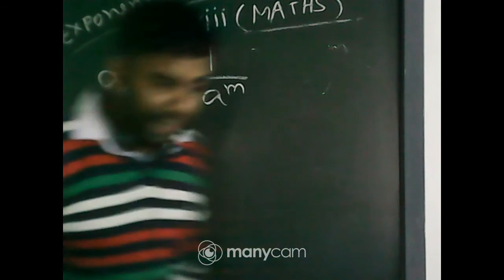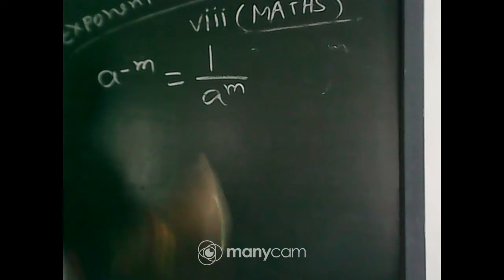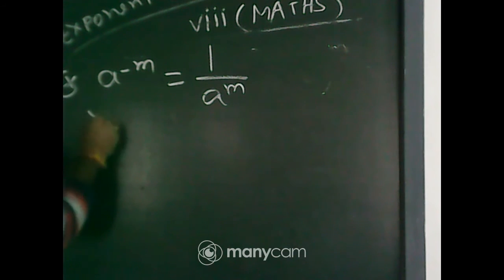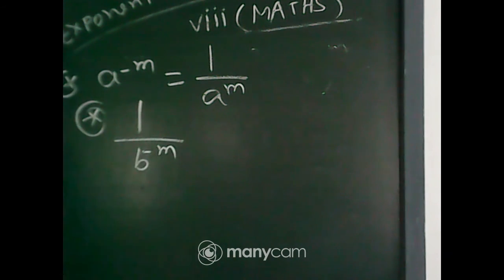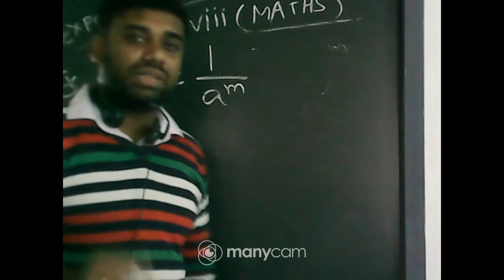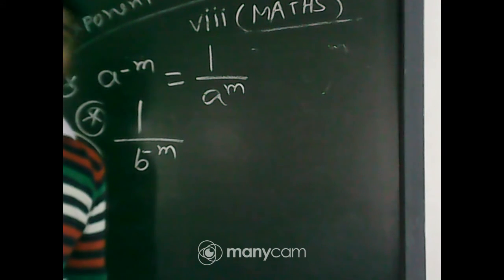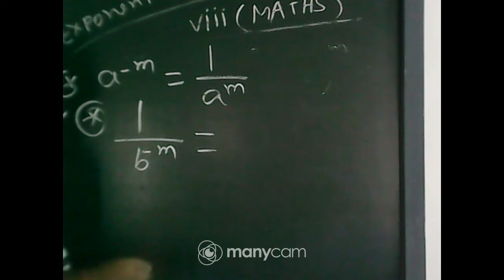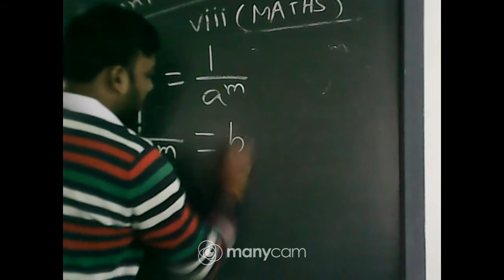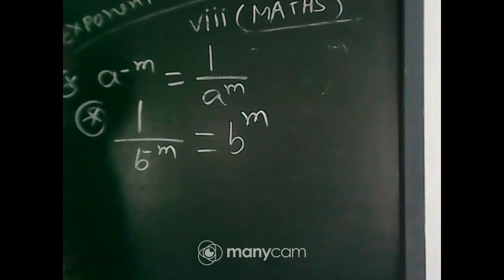Okay, next, just another way, 1 by b to the power minus m. I want to remove that minus. I do not want that minus in power. So you can write it like b to the power m. Okay, just opposite.